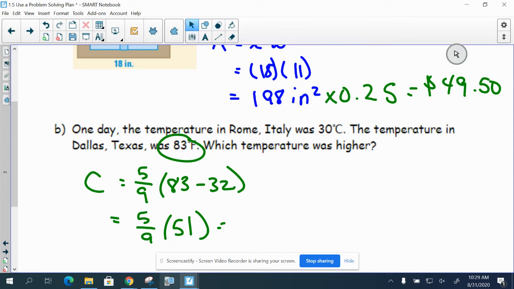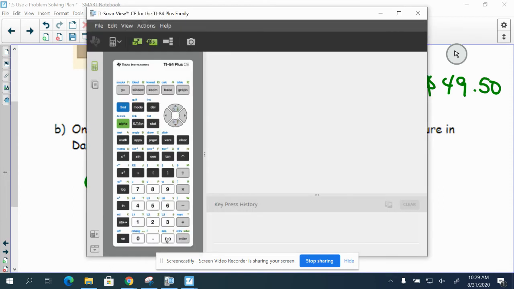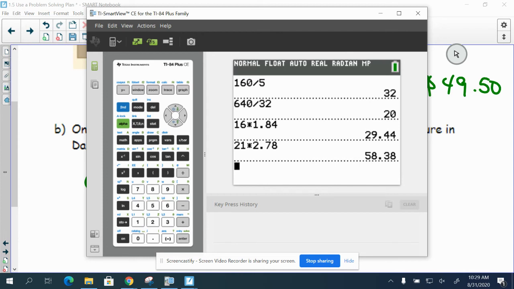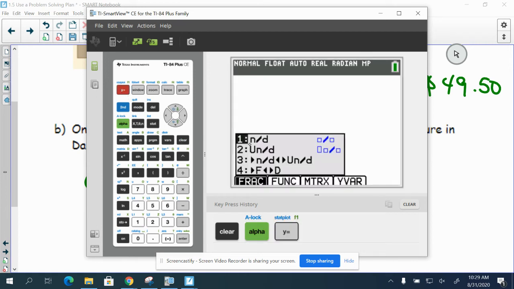Now, at this point, this would be a good time to show you how to use the fraction button on your calculator. So many of you have been asking me how to use the fraction button. So let me pull up the calculator. All right, so there are two different ways you can pull up the fraction. The first way, the easiest way, is to do alpha y equals, and then you have a couple options here. The one you want is the first option.